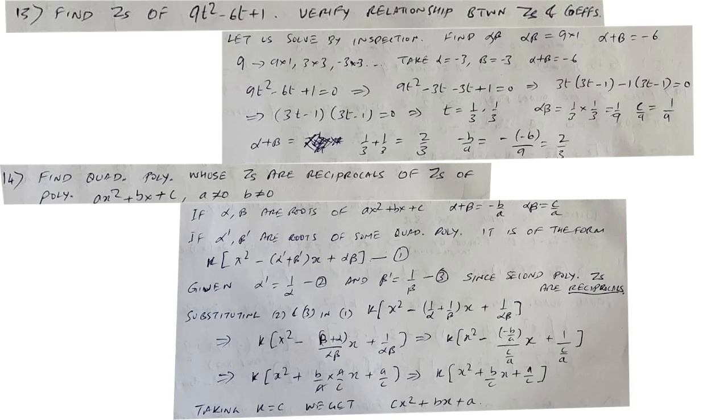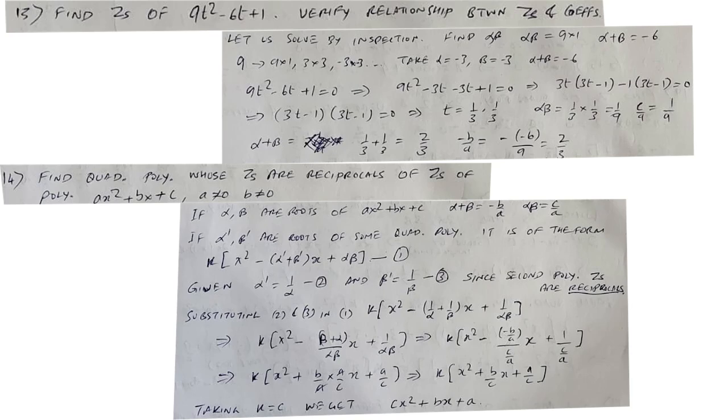Now taking the LCM, we get k into bracket open x squared minus alpha plus beta divided by alpha beta into x plus 1 over alpha beta. But we already know alpha plus beta is minus b by a and alpha beta is c by a. So substituting that, we get k into x squared minus b by a divided by c by a into x plus 1 upon c by a.